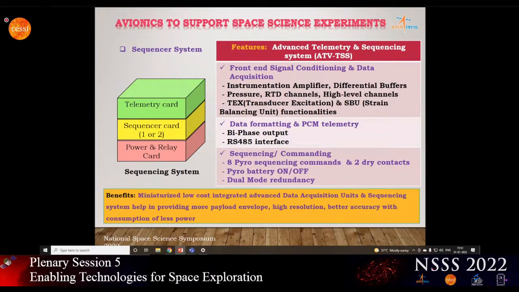All such facilities are available in the acquisition parts of our sequencer system as well as data acquisition system. Such packages are being developed in-house, and we are flying them in our sounding rockets.